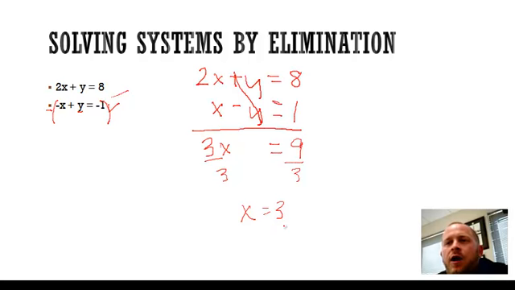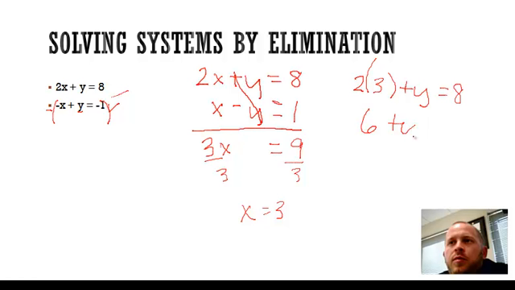Now, we need to find our y value still. So we're going to go back and plug this x into one of these equations, whichever one looks to be the easiest. I'm going to go ahead and look at the first one. We have 2 times the 3 that we found for our value, and we're going to solve for y now. So we have 6 plus y is going to be equal to 8.